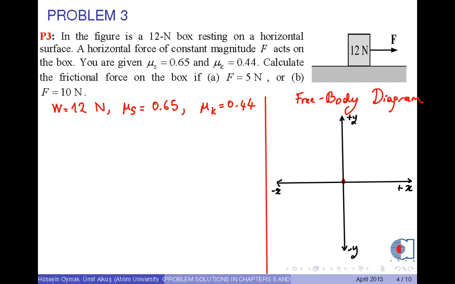The first external force on the object, that is, gravitational force in the negative y direction, is drawn, and let's denote it by vector W. Due to this force perpendicular to the surface, the normal force denoted by N is formed antiparallel to W, and its magnitude is the same as vector W, which is the weight of the object given as 12 newtons.